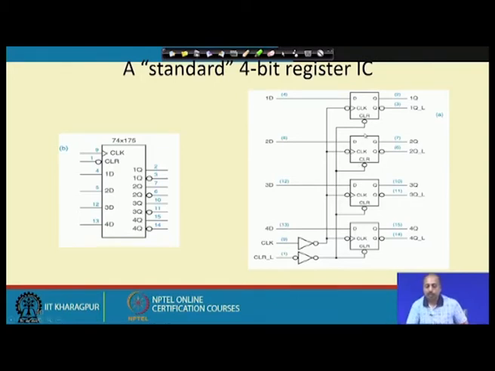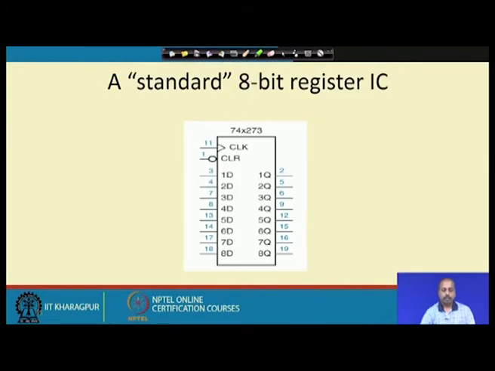We have these 4 flip flops, and the individual flip flops have the D line, clock line and clear line, and there are outputs like Q and Q bar. So, this standard 4 bit register IC is there, and we can use it for design.